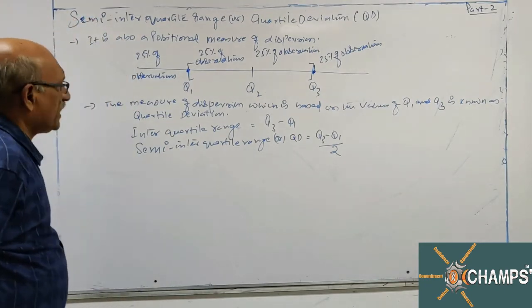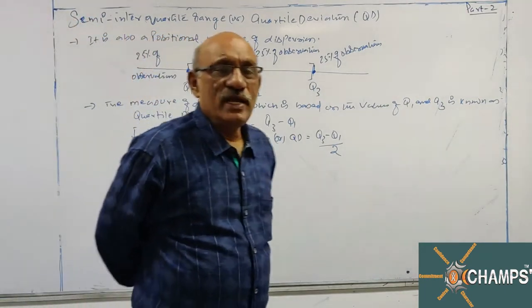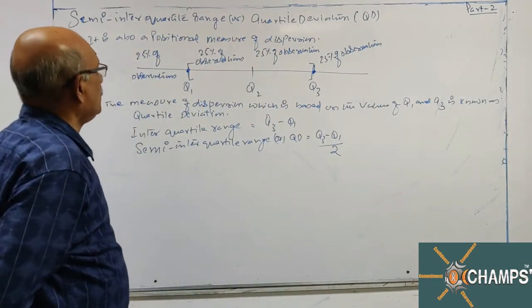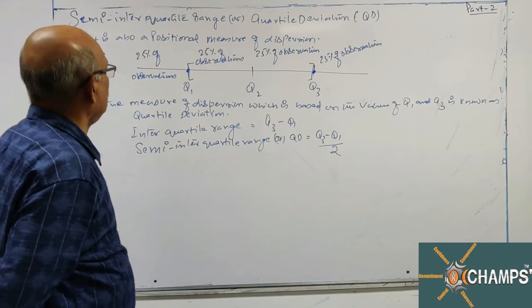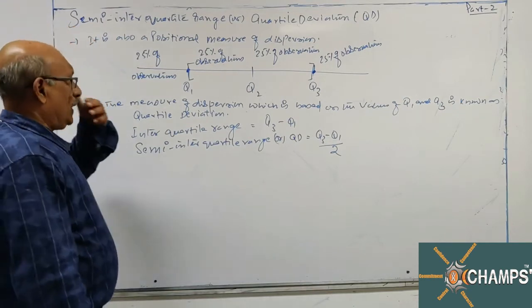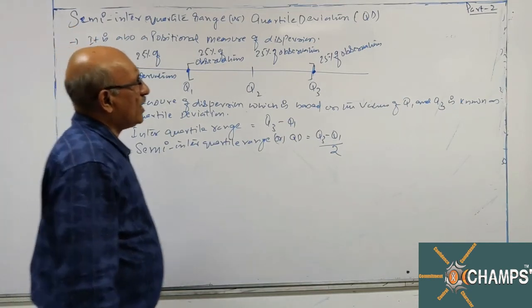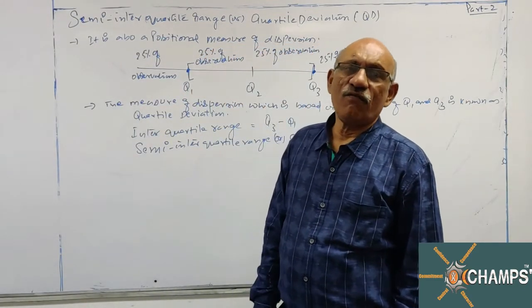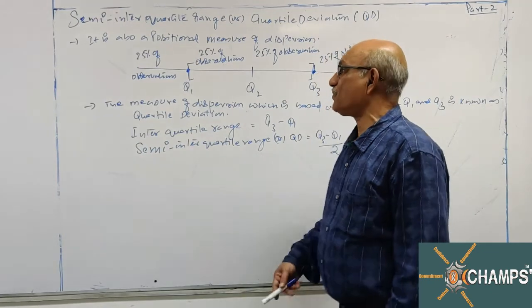Look at this point once again. Semi-interquartile range or quartile deviation is a positional measure of dispersion. And we know quartiles are partition values, and they are dividing the given set of observations into 4 equal parts.